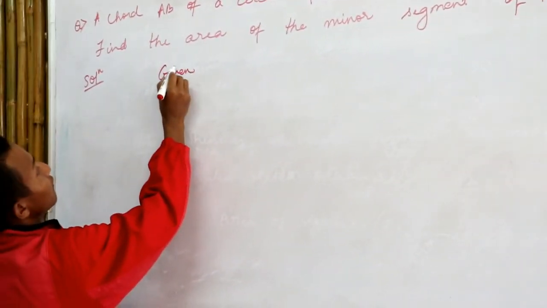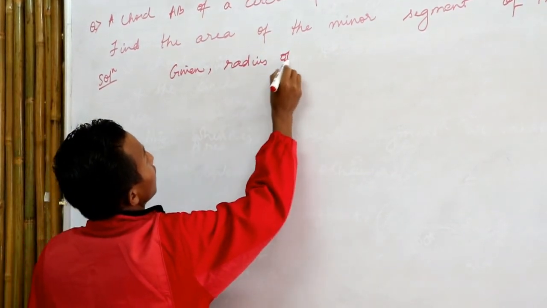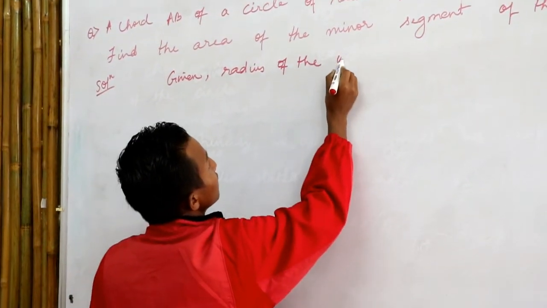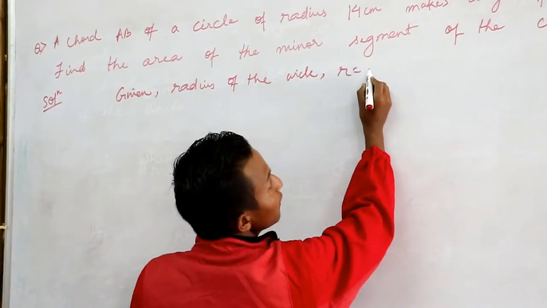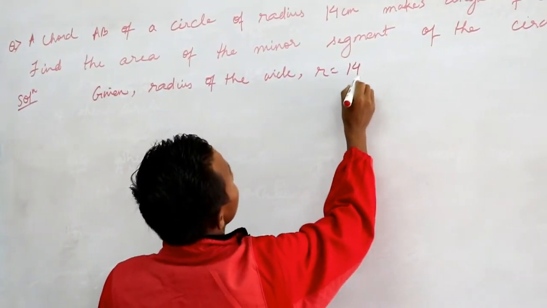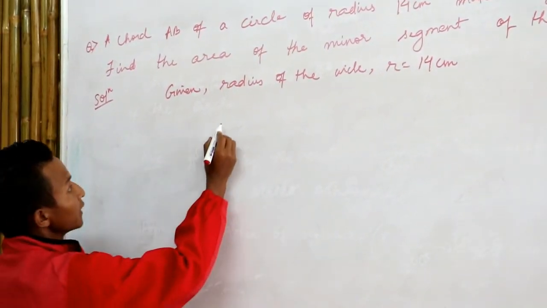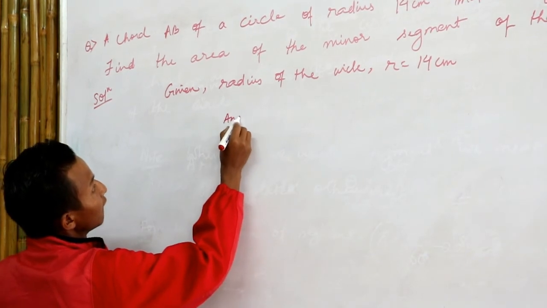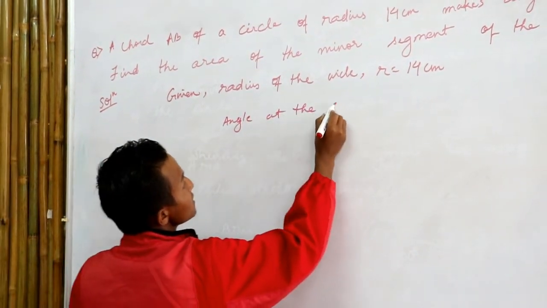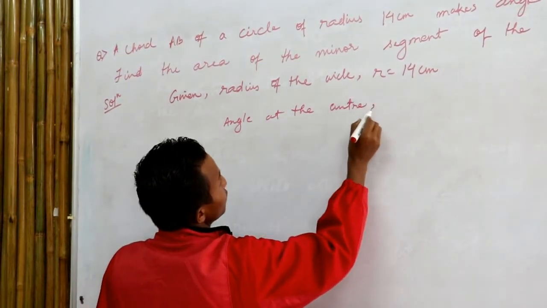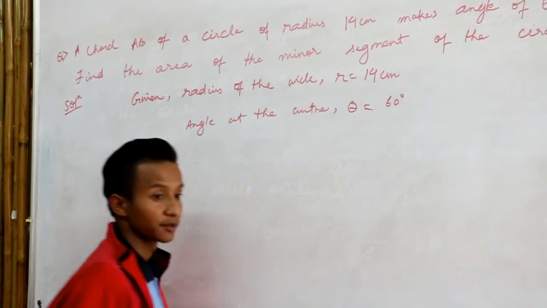Given, radius of the circle is r equal to 14 centimeter and angle at the center, which is theta, equal to 60 degree.